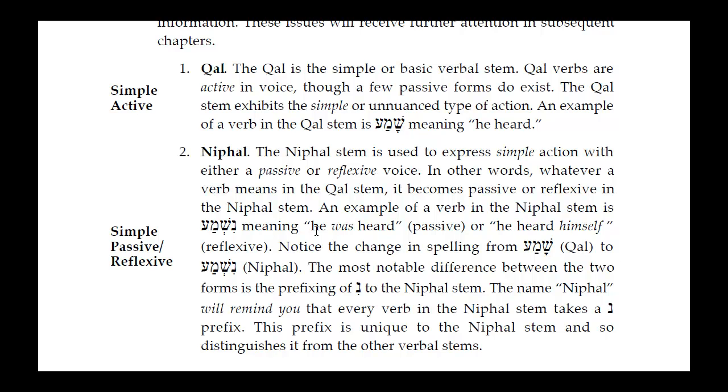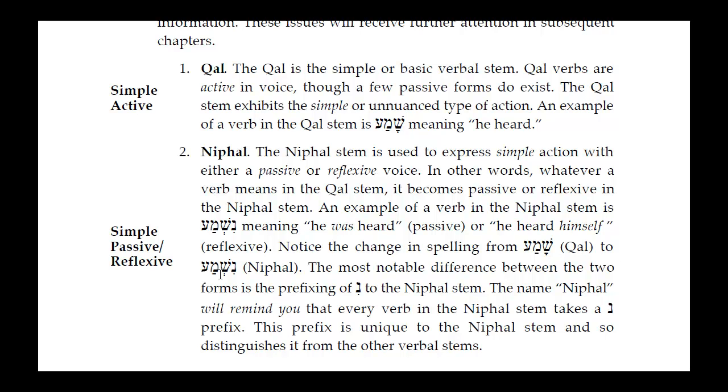The subject receives the action. Or he heard himself, which is the reflexive use. Notice the change in spelling of shama from Qal to Niphal: the addition of the nun with the hireq, with the non-vocal shewa, then the stem vowel with the patach.